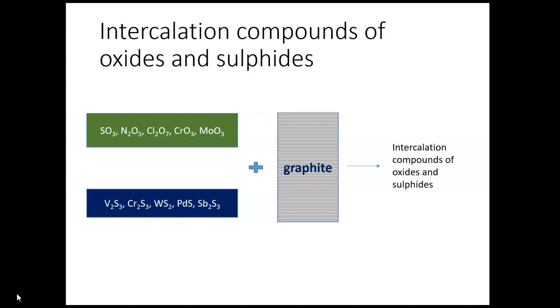You can form intercalation compounds of oxides such as SO3, N2O5, Cl2O7, CrO3, MoO3, etc., and sulfides such as vanadium sulfide, chromium sulfide, tungsten sulfide, lead sulfide, antimony sulfide, etc. So they can be intercalated into the graphite to form the intercalation compounds.